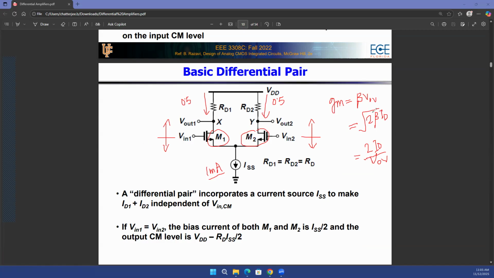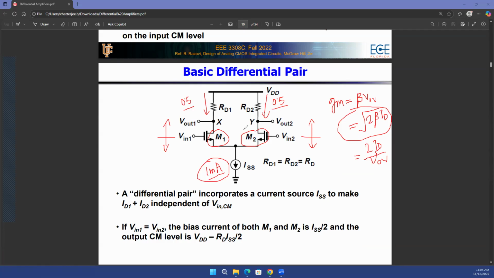So because my current is constant, it's better to use the second formula for the GM, because you know the current is going to be constant as the left side and right side are identical, and you know that value very well because you know the value of the current source's current. So if you use this second formula, your GM, which is square root of twice beta times ID, is going to be a constant number. You know that because you know the beta of the transistors and you already know the current flowing through them.